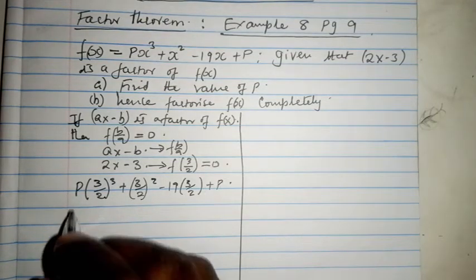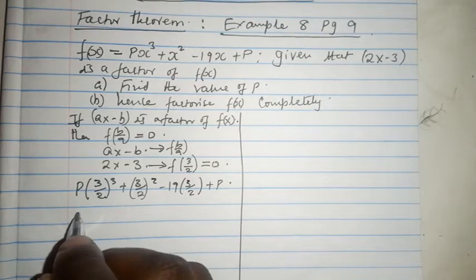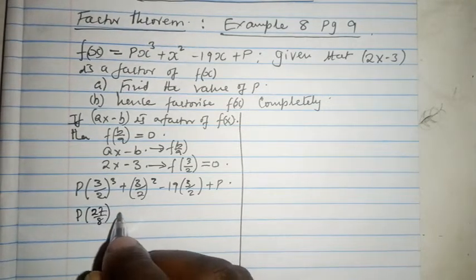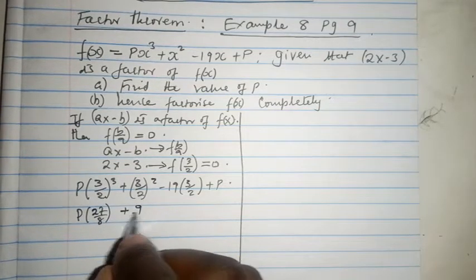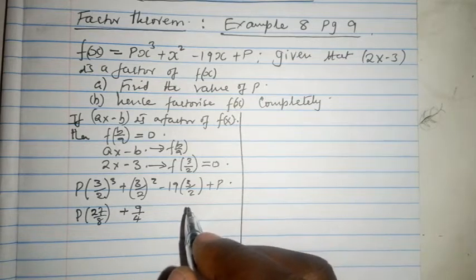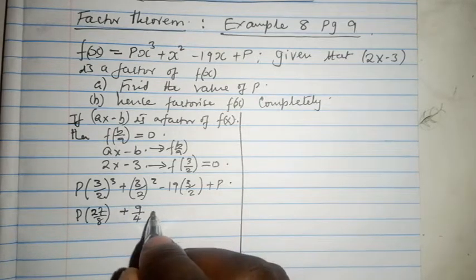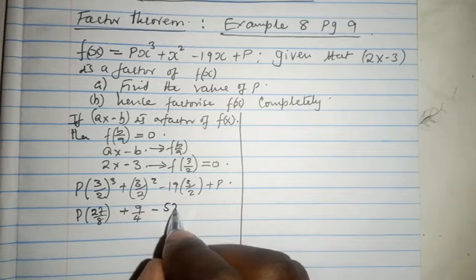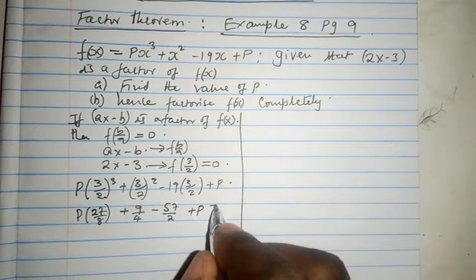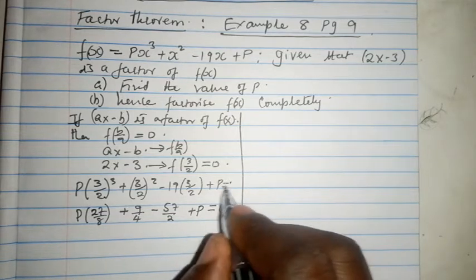It goes without saying that p multiplied by 27 over 8 plus 9 over 4 minus 57 over 2 plus p is what must give us 0.